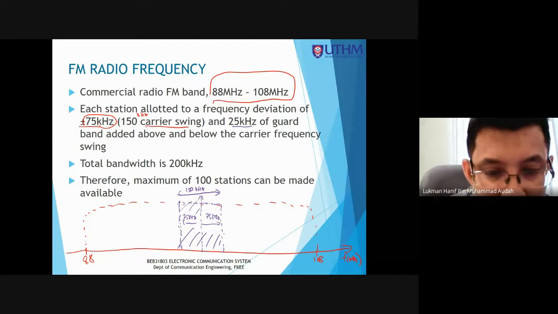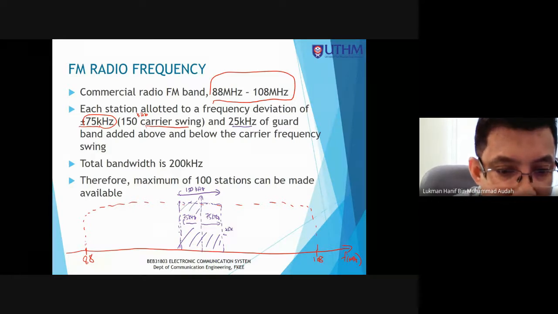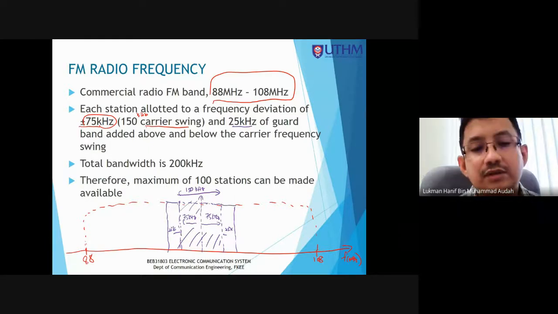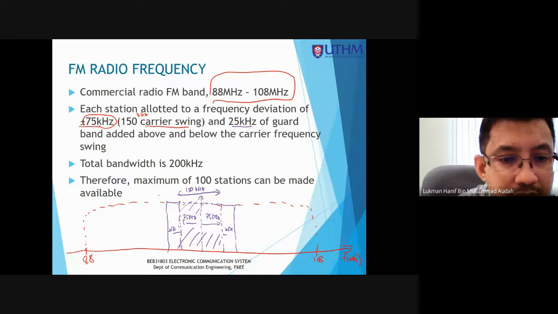So actually here another 25, 25. Another 25 over here. Okay, so that's why you get it like this. So therefore the total distance is 200 kilohertz.